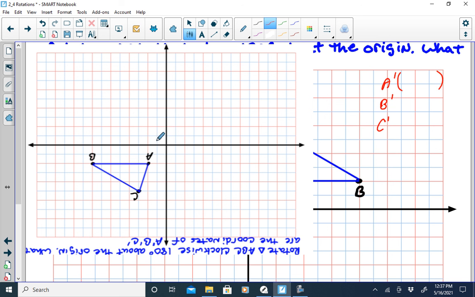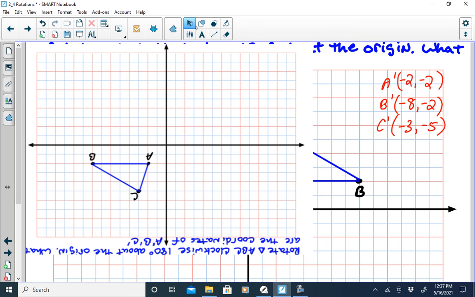A prime is located at (-2, -2). B prime is located at (-8, -2). And C prime is located at (-3, -5).